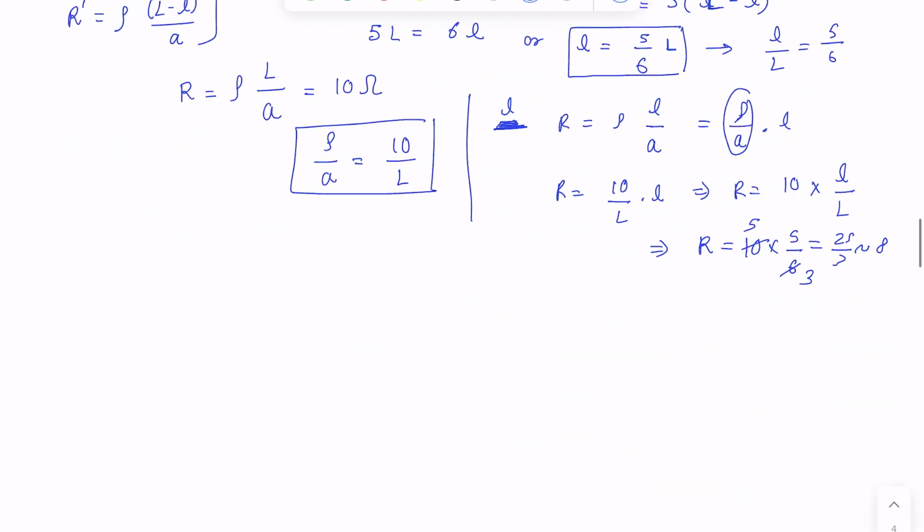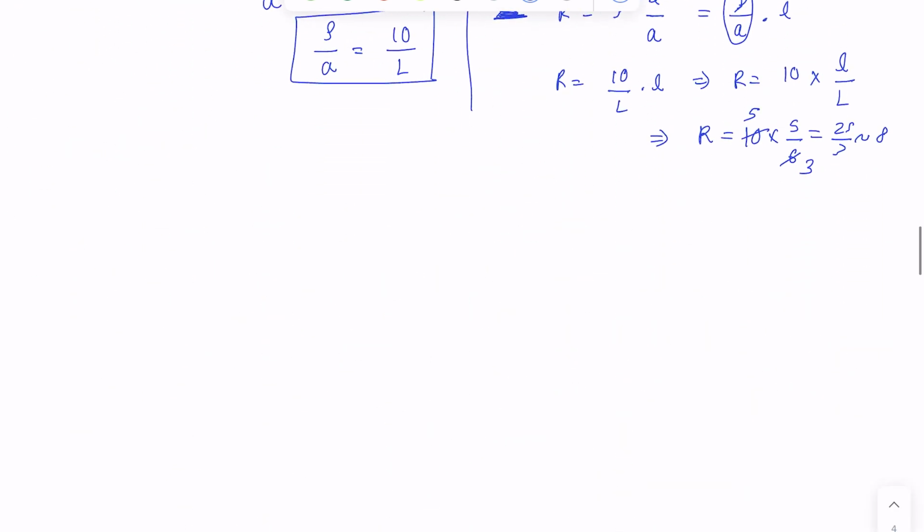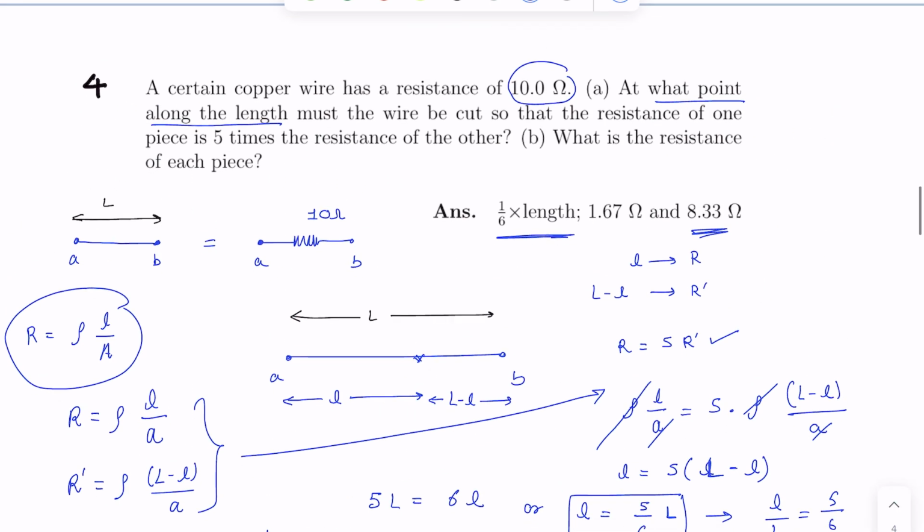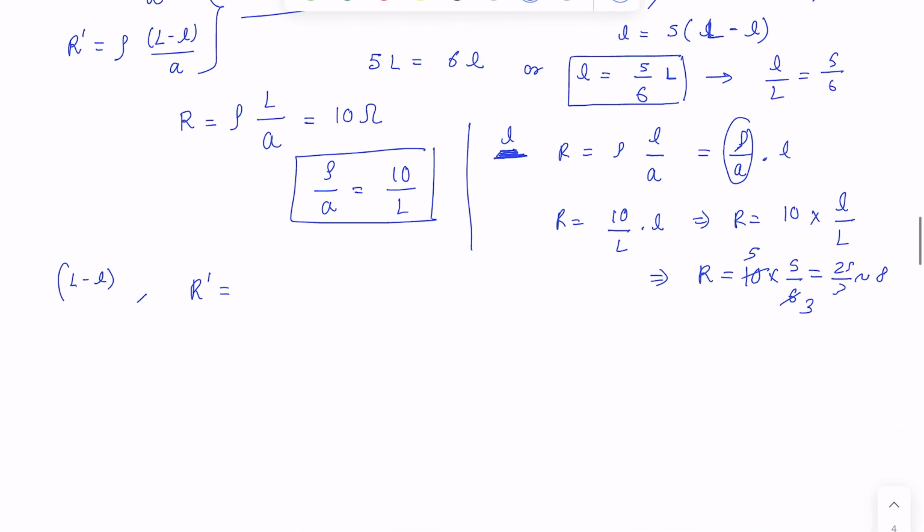The same thing you do for the second one, the piece L minus l. We already know this: this one is going to be 5 times less. So you just divide the other piece by 5.